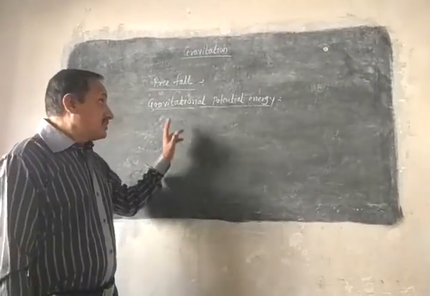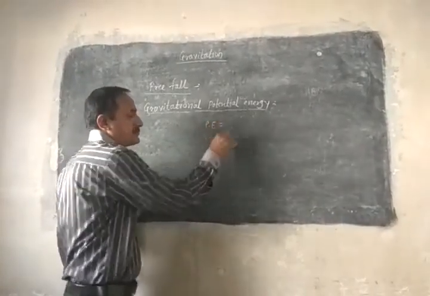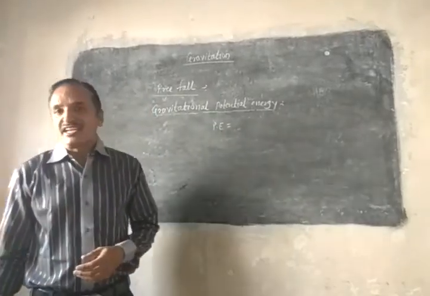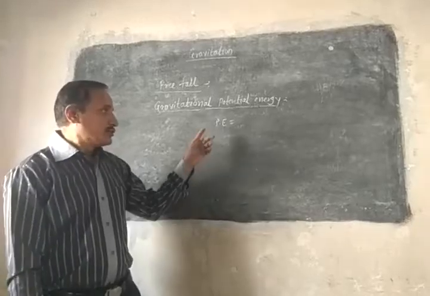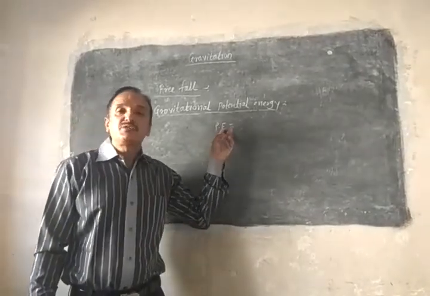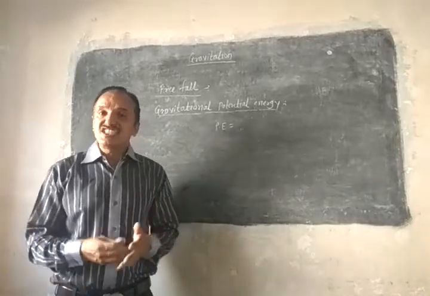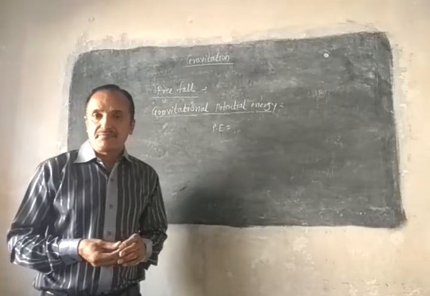In the ninth standard, you learned about potential energy. Mechanical energy is of two types, kinetic energy and potential energy. Potential energy is the energy because of the state, position or configuration of the substance.